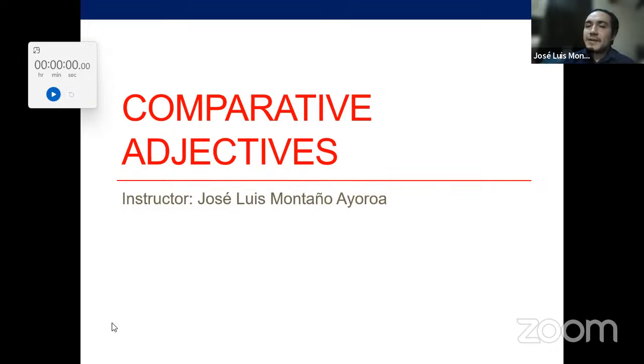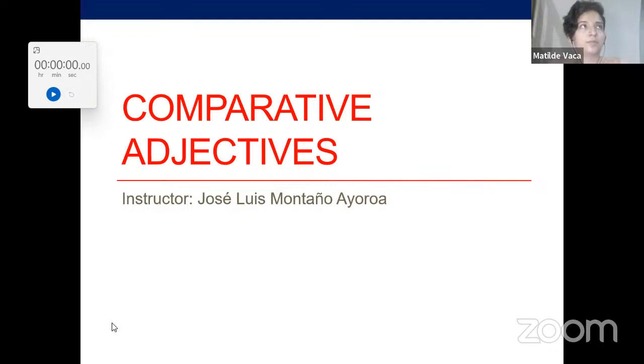What's the criteria to use ER? When do you use ER? When do you use other ways to talk about comparatives for adjectives? Do you have some criteria that you follow?